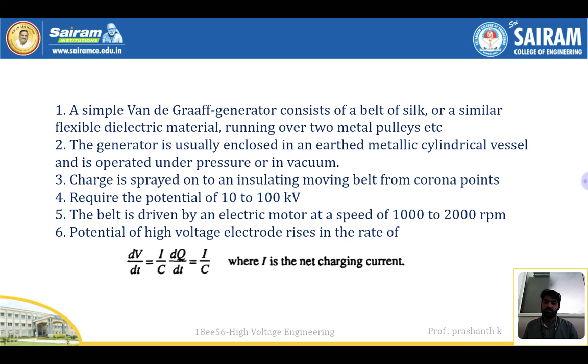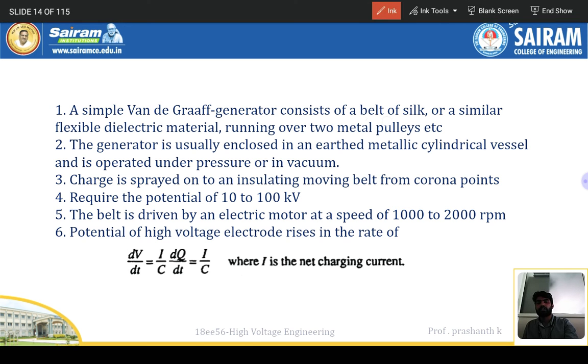The potential of the high voltage electrode rises at the rate dV/dt = I/C = (dq/dt)/C, where I is the net charging current. It is just a capacitor: q = CV.